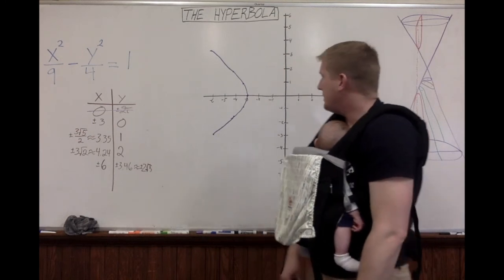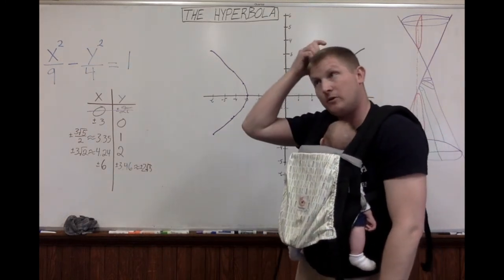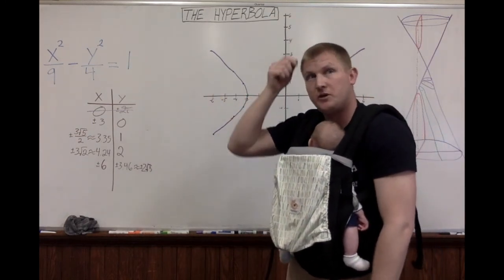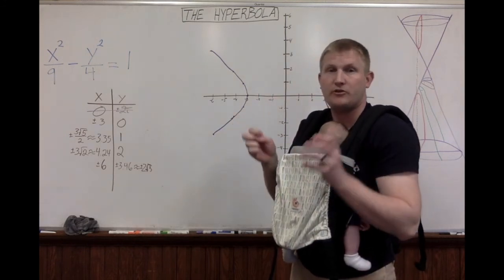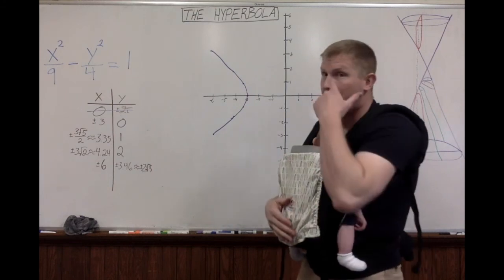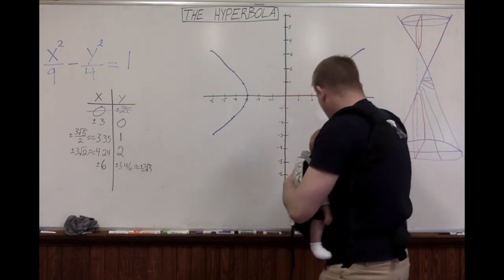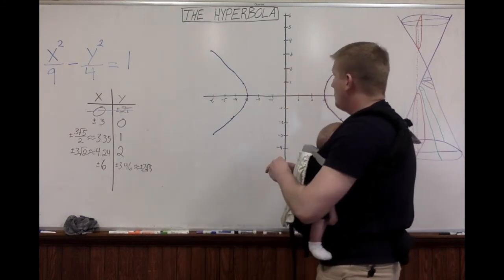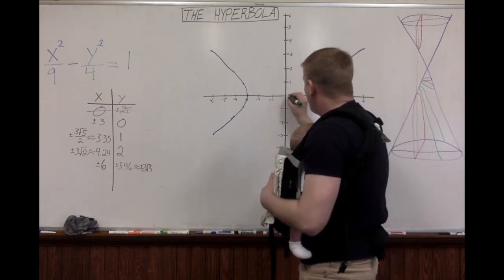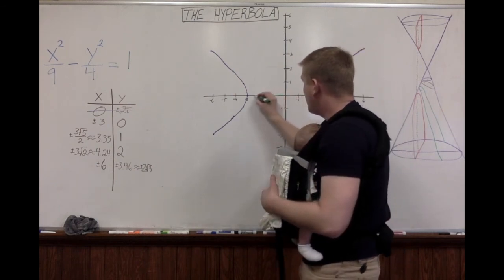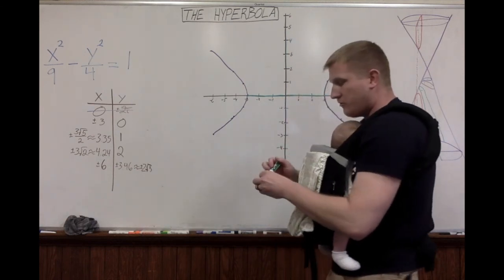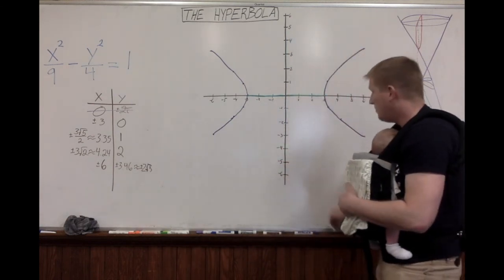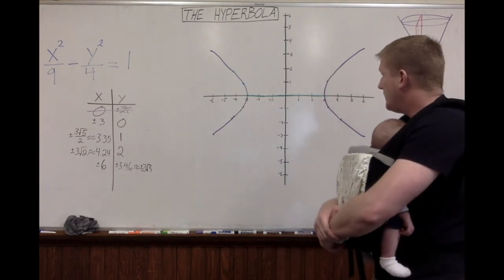All right, but why 9, why 4? Well, the square root of those two numbers is what dictated how long or short the major and minor axes were. We can kind of see already that we have something like that. The square root of 9 is 3, and these two vertices are exactly 3 units from our origin, right?